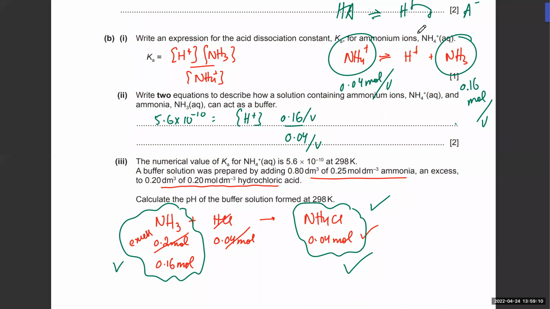Yes, sir. So I just used, because they were asking you to calculate the pH value, I knew the moles of NH3, and I knew the moles of NH4 plus 1 in the solution. I just put them in the K expression and I'm going to get H plus 1. Okay.